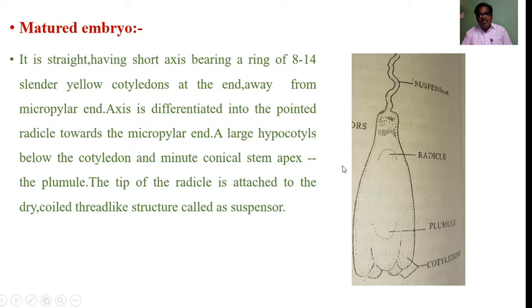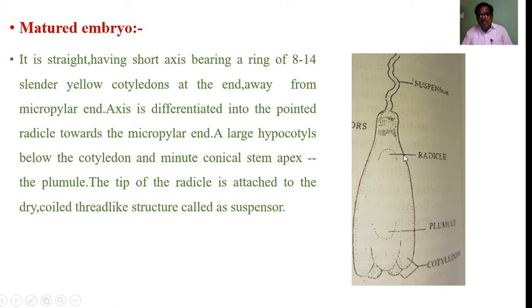There is a large hypocotyl below the cotyledons and a minute conical stem apex, that is the plumule. The plumule is present near the cotyledons and is responsible for the formation of the shoot in the further stage. So the plumule is known as the shoot initial, and the radicle is the root initial.